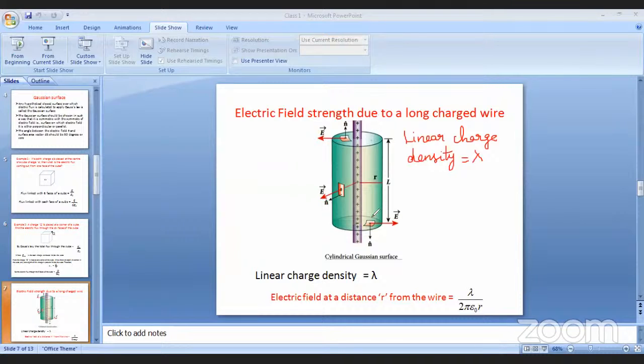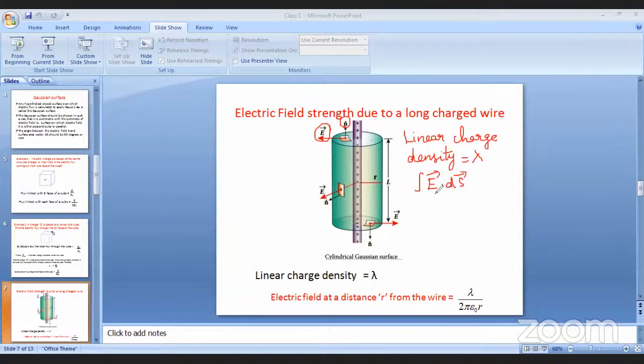On these two caps, the electric field and the surface area vector are perpendicular to each other. E is the electric field and n cap is the unit vector along the surface area, because according to Gauss theorem the integral is integral E dot ds.